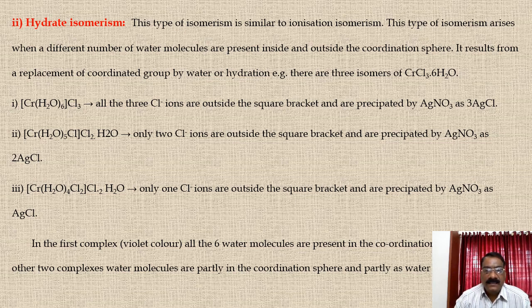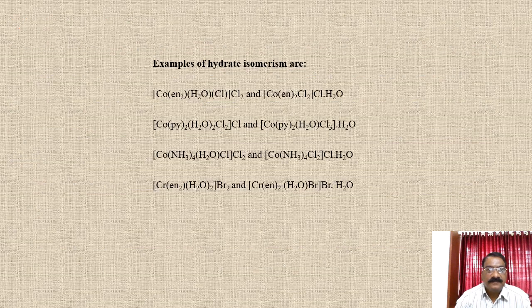Only one Cl is outside the square bracket and is precipitated by AgNO3 as AgCl. In the first complex, violet in color, all the six water molecules are present in the coordination sphere. In the other two complexes, water molecules are partly in the coordination sphere and partly as water of crystallization.